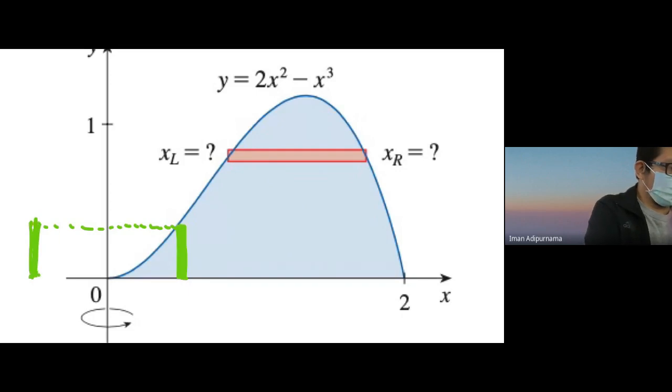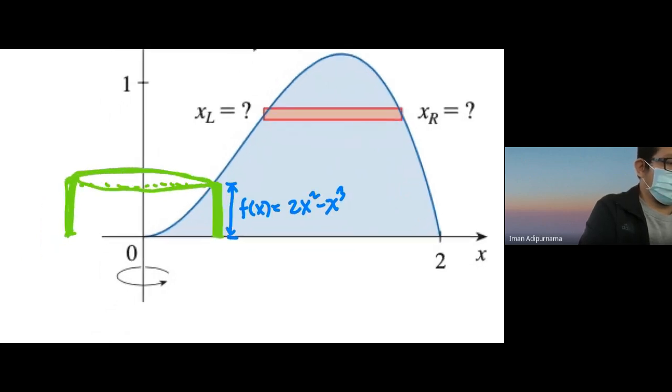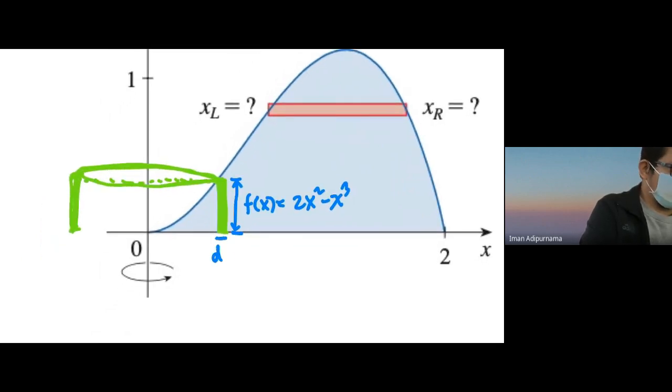So this is our cylinder, right? We have the height here. This is the height, or our f of x, and our delta r becomes dx in our case, and our radius here is just x.